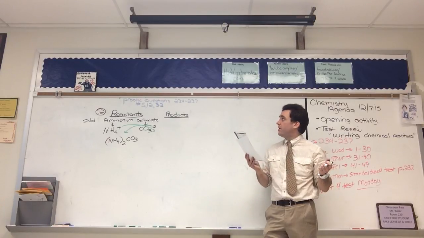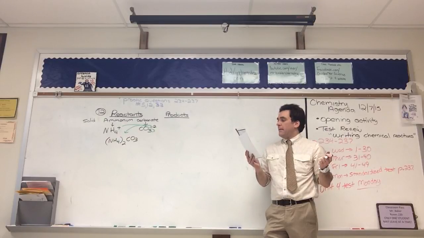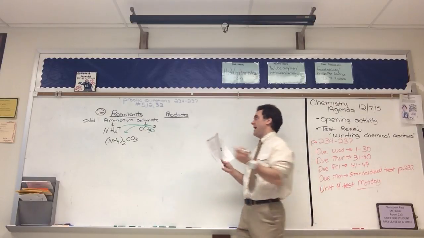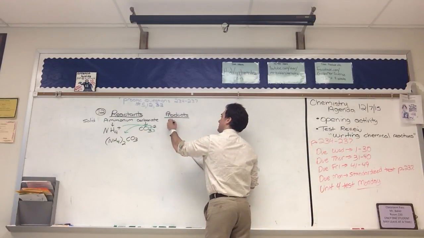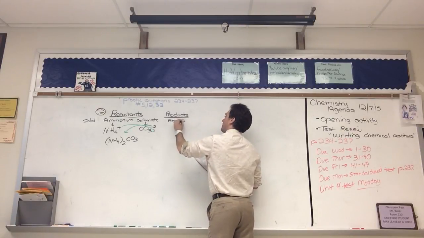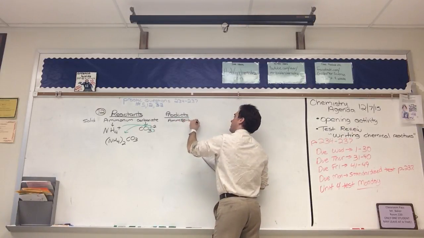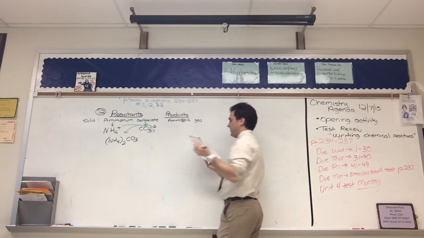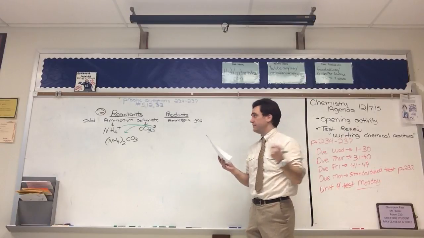So it is used as an active ingredient in smelling salts. When solid ammonium carbonate is heated, it decomposes into ammonia gas. So ammonia gas. What else? What other products?